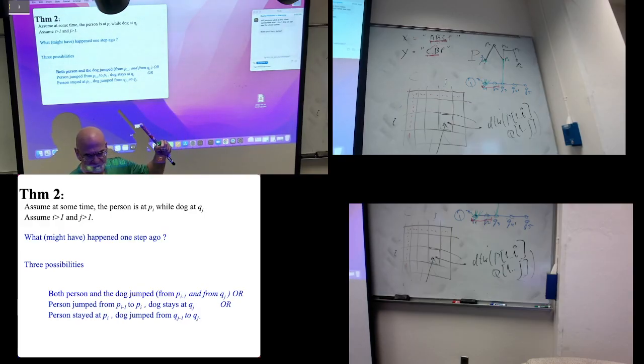Because what I'm going to do is to actually check all possibilities of Pi and Qj, and one of them must be true. This is similar to computing the shortest path in a graph.